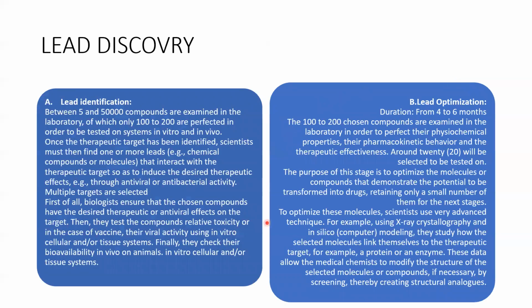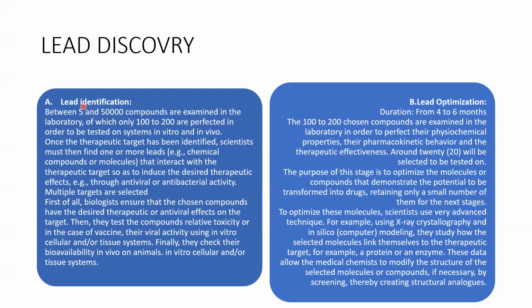The second stage is the lead discovery stage. At the lead discovery stage, there are two things that you have to consider: lead identification and lead optimization. In lead identification, as I told you before, it is not actually 5 to 5,000, it is actually 5 to 1 lakh molecules.